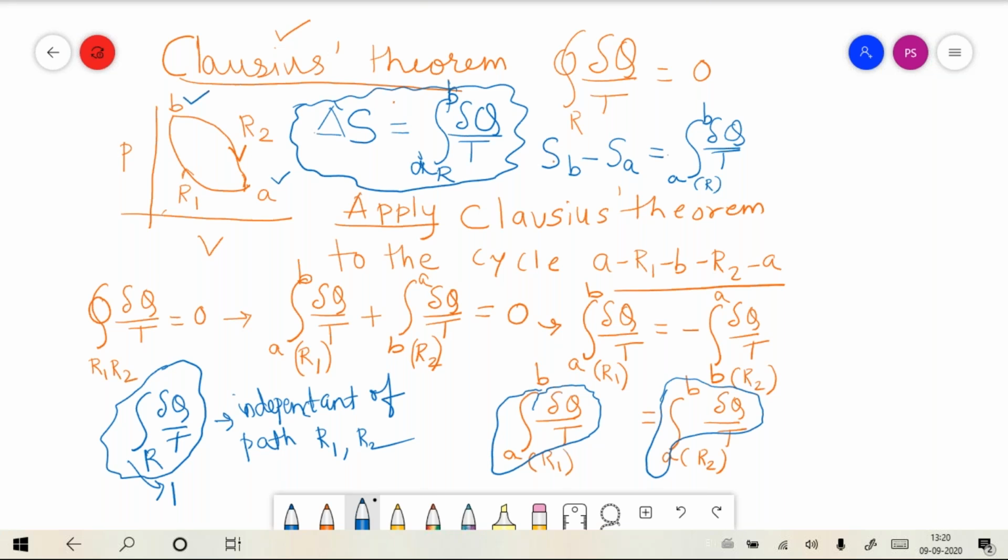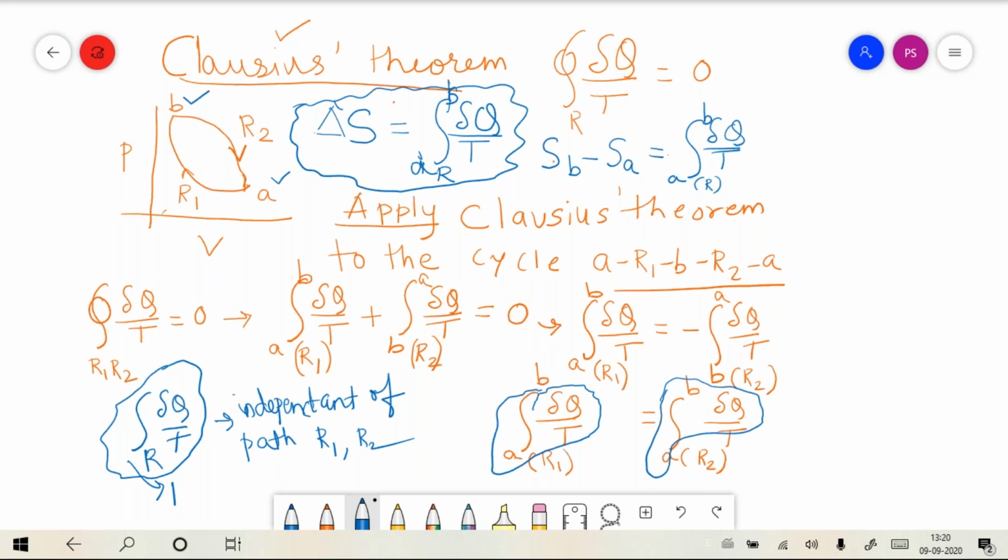We proved the Clausius theorem using the second law. And what is the Clausius theorem? If you take any reversible cycle and do the cyclic integration, then del q by T for a reversible cycle is equal to 0. That is the Clausius theorem.